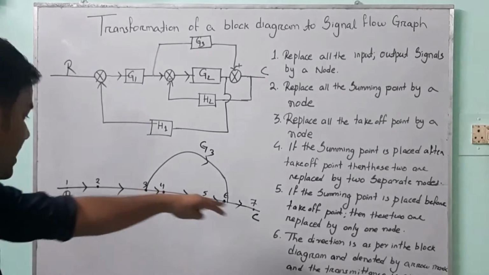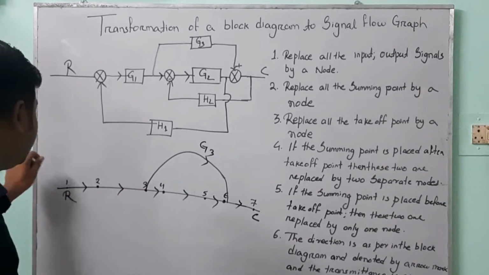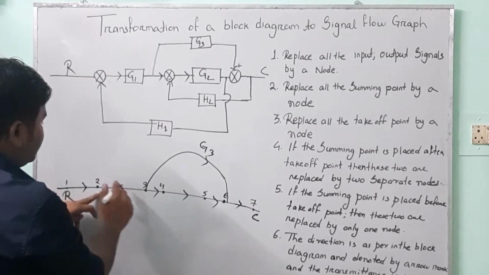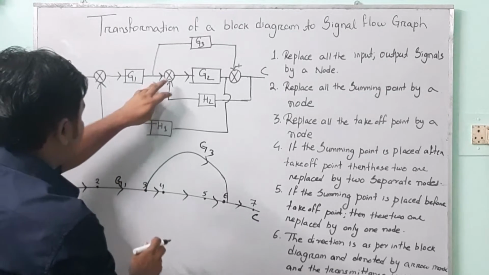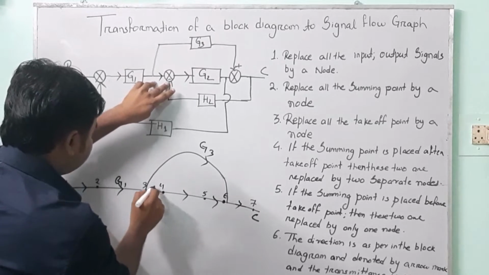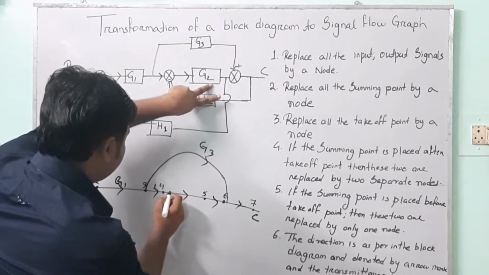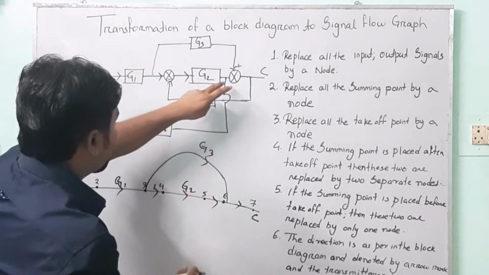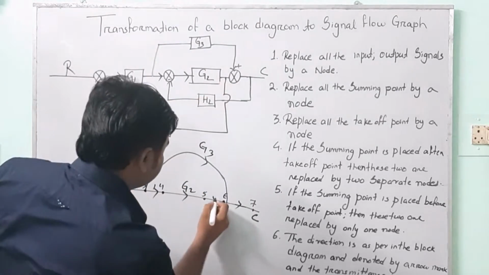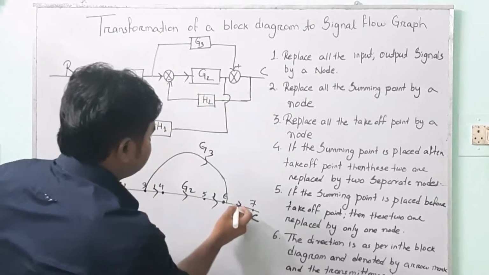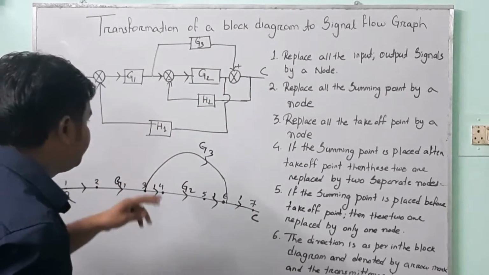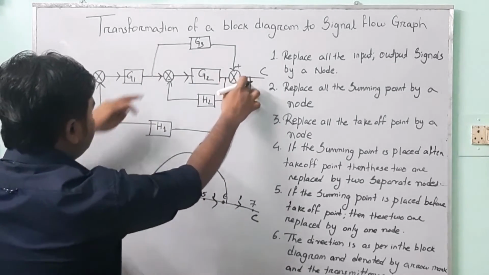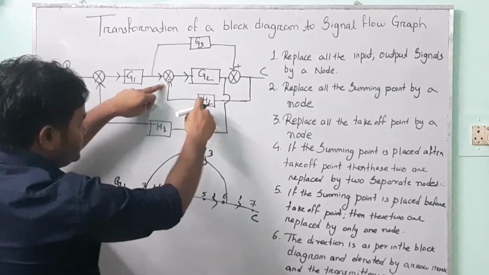Also in this first straight line we have to write all the transmittances. From 2 to 3 the transmittance is G1, 3 to 4 the transmittance is 1, 4 to 5 the transmittance is G2, 5 to 6 the transmittance is 1, and 6 to 7 the transmittance is 1. G3 is given on the upper side, and on the lower side from this point to this point the transmittance is H2.